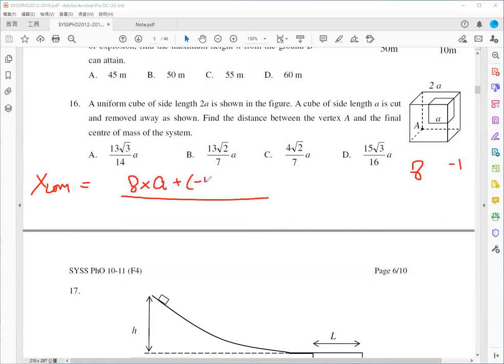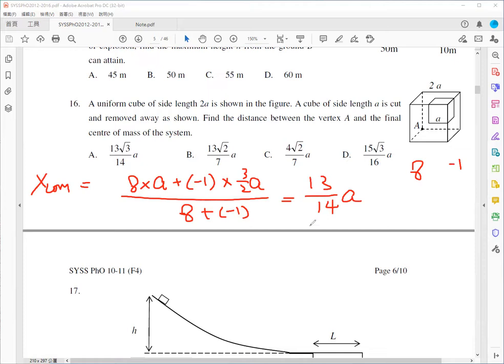The mass of the small cube is -1. The x coordinate is 1.5a, divided by the total mass. Therefore, in the denominator you will get a factor of 7.